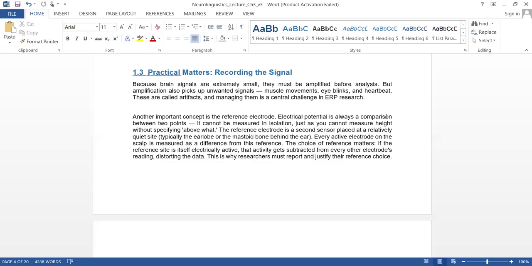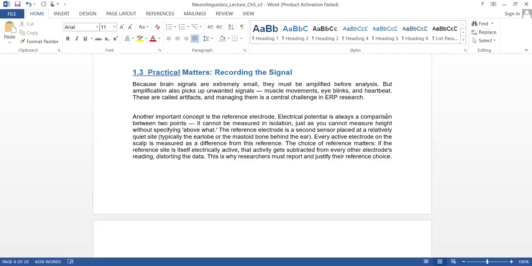Electrodes are put across your scalp, and one electrode is put on the earlobe or mastoid bone behind the ear. Why? Because here the electrical activity is very less and it's a quiet site.